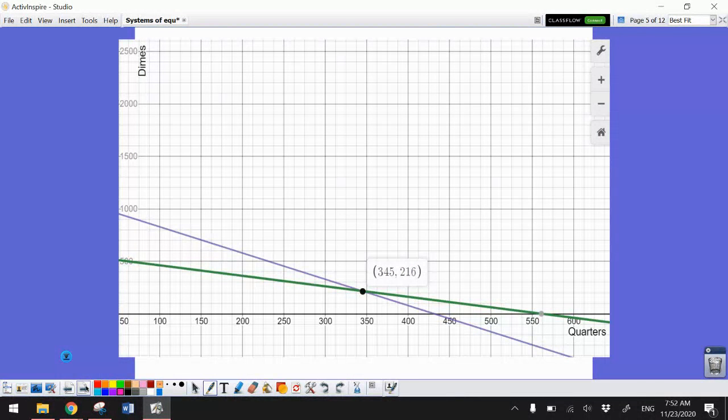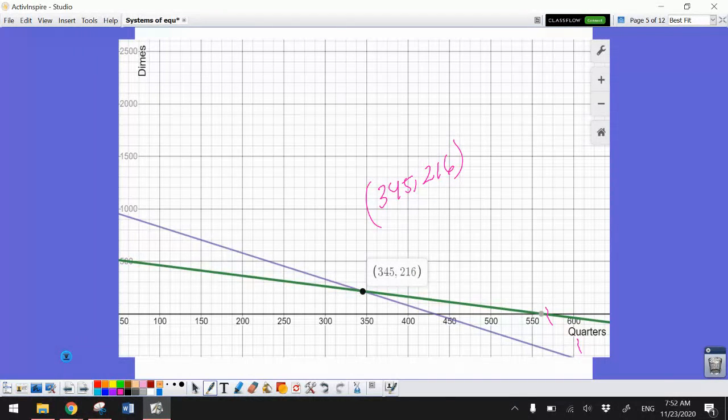Okay, so here's my dimes and quarters, and there are multiple solutions to this, but the equal point, or my solution, is 345 to 216.